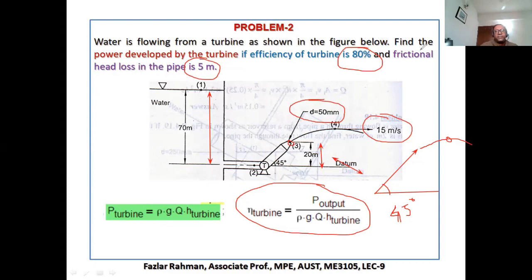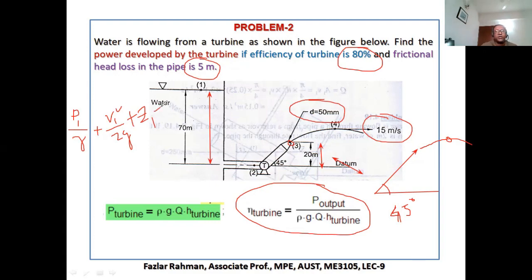So you see at point 1, if we apply Bernoulli's equation, P1 by gamma plus V1 square by 2G plus Z1, with this much energy at point 1, then fluid comes down through the turbine going to point 3. So if I apply Bernoulli's equation between points 1 and 3, then what are we getting?